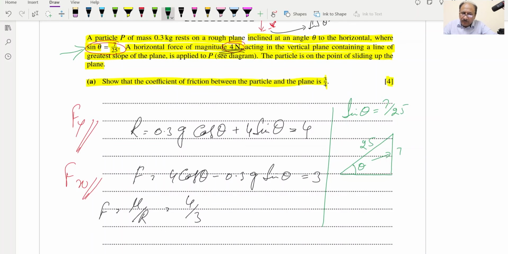Now if we apply Pythagoras theorem to find this base, which I have taken as x, we can write 25 squared is equal to 7 squared plus x squared.